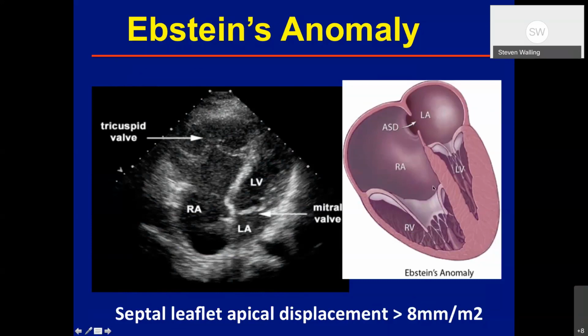The degree of septal leaflet apical displacement is greater than 8 millimeter per square meter. Okay, so that's important. You index to the BSA, and the number is 8, to be qualified to call it Epstein anomaly.